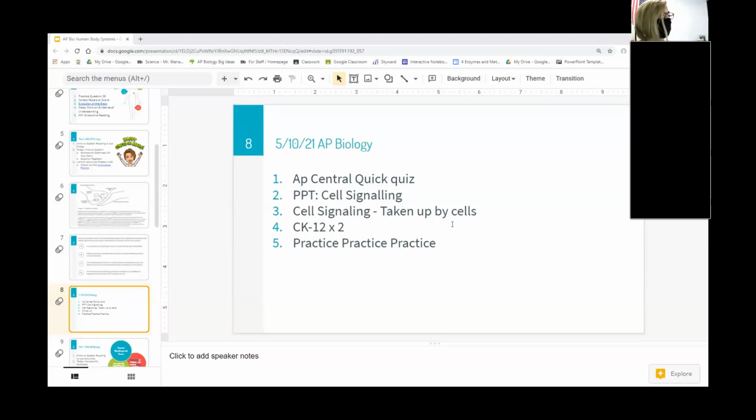We have a short practice sheet for understanding graphics. And then I have two CK12s in the Google world for you. And I'm not sure that we've done CK12s before. Have we? You might have done them in other classes because I introduced them to other people. Yeah, so it's based on the endocrine system.